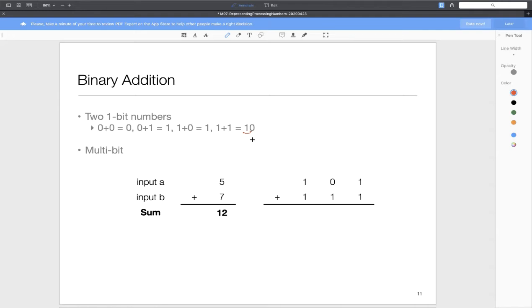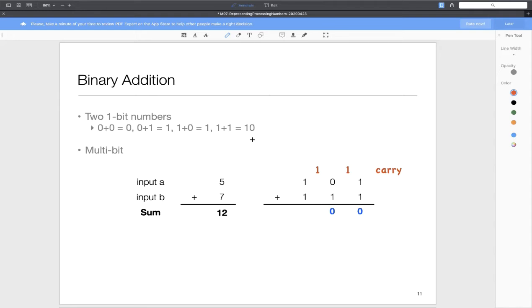Let's say I'm doing 5 plus 7. So 5 plus 7 is 101 and 111. What will happen? I'm going to start with the LSB. So I'm going to add 1 plus 1, which is 10, with a carry of 1. The next one, I'm going to add 3 of these: 1 plus 0 plus 1, that gives me 0, and carry out is 1. And then 1 plus 1 plus 1, anyone care to tell me what I would have?